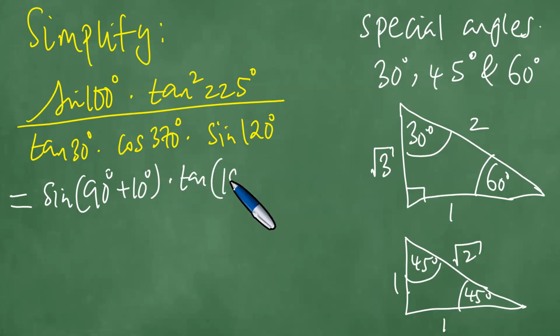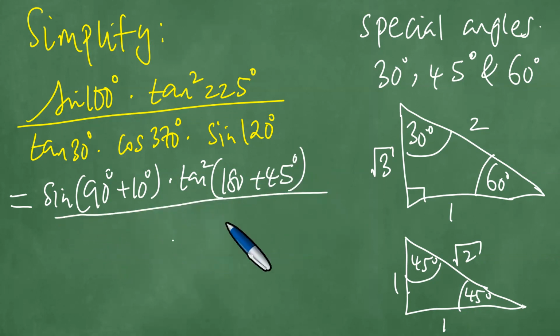The tangent squared of 180 degrees plus 45. Okay, so we also have tangent 30. We can leave that one for now.